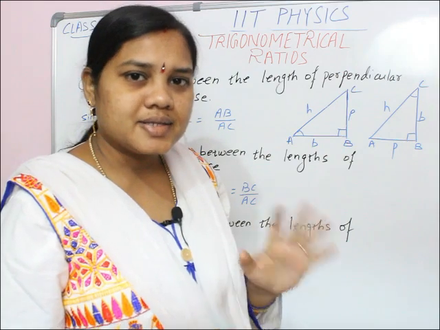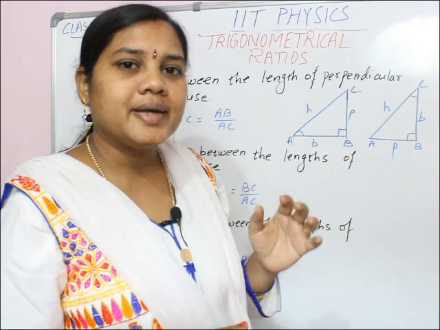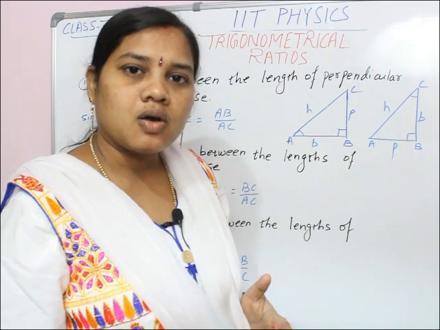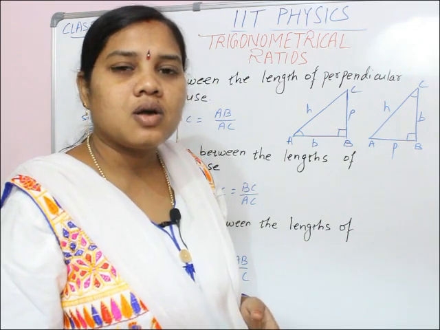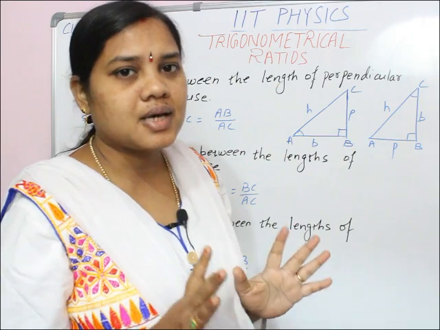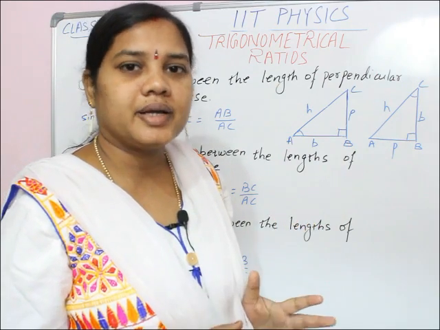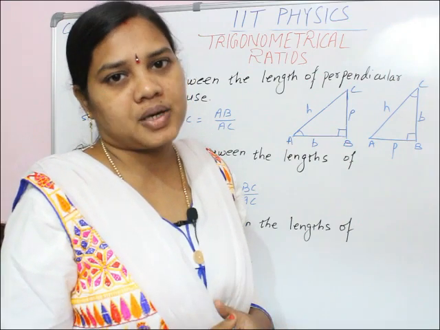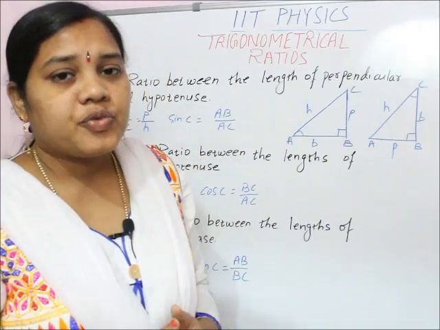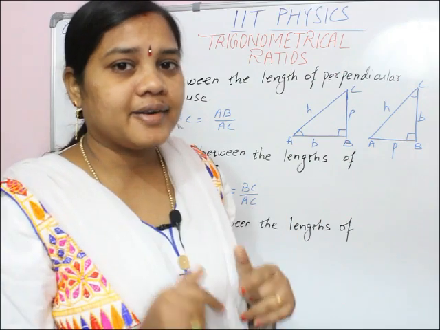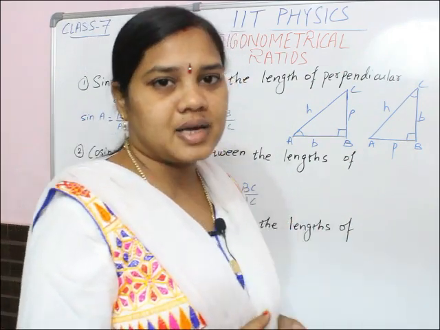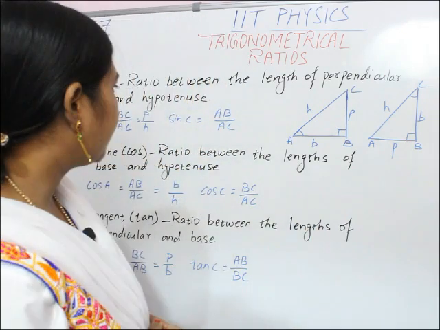In short, sine, cos, tan, cot, sec, cosec. These are the 6 trigonometrical ratios. Clear? So today's topic is that we are going to find the trigonometrical ratios by taking an example. Let's start today's class.